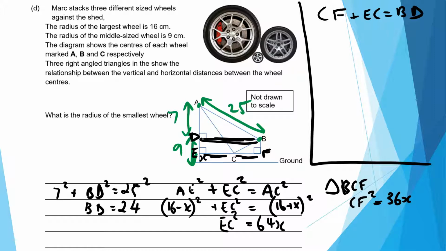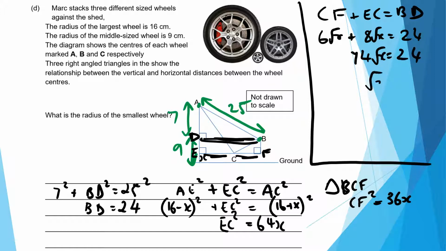Now CF is the square root of 36x, so CF is 6 square root x plus EC, which is 8 square root x, equals BD, which was 24. So over here we've got 14 square root of x equals 24.